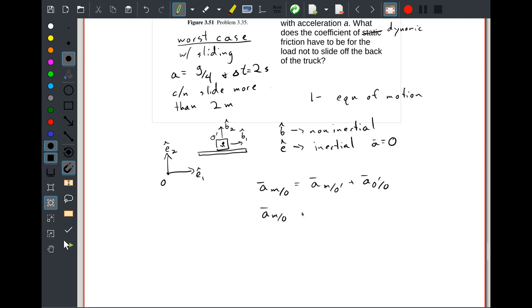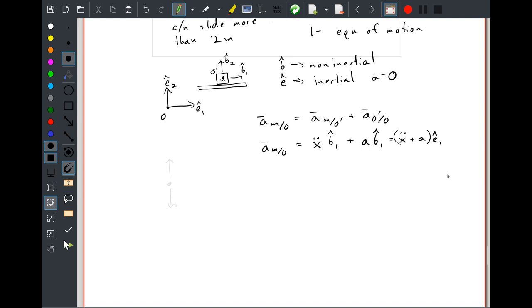So our total acceleration is going to be some x double dot of B1 plus A B1. And here B1 and E1, because it's all parallel motion, they're equal. So this is also equal to x double dot plus A E1. We can use whichever unit vector we want.